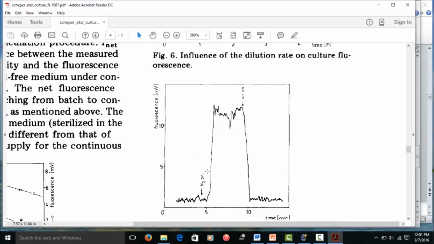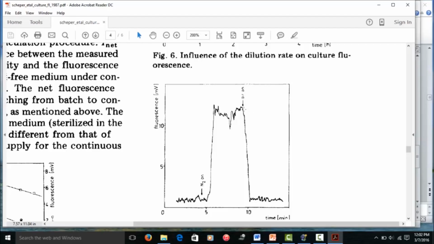When nitrogen is employed, the cells become anaerobic because oxygen is no longer available as the final electron acceptor, right? So the culture fluorescence in an anaerobic state is much higher than in an aerobic state, because you'll find NADH forming more. So this very clearly indicates the aerobic state of cells.